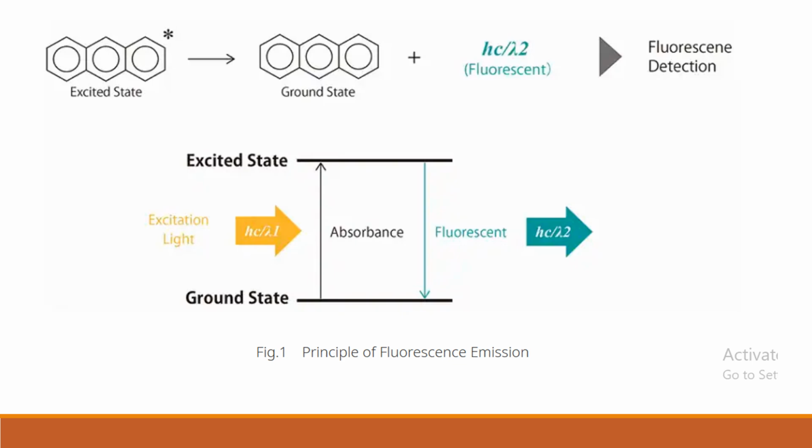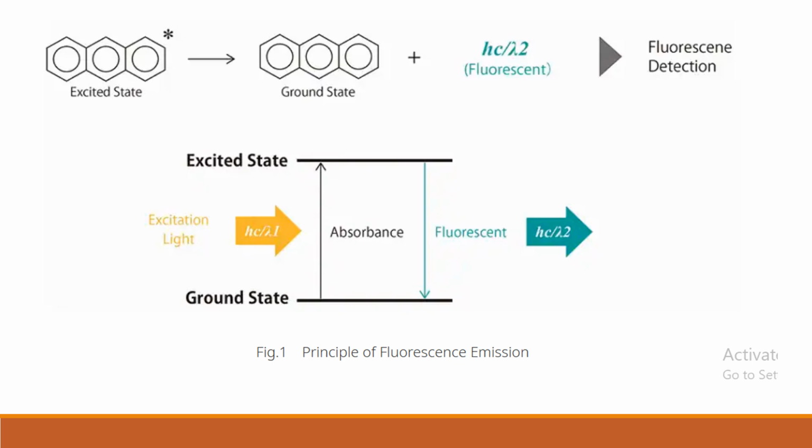Now coming on to your fluorescent detector, when a compound is irradiated with light, electrons in the energetically stable ground state use the energy of light to transition to energetically high and unstable excited state.